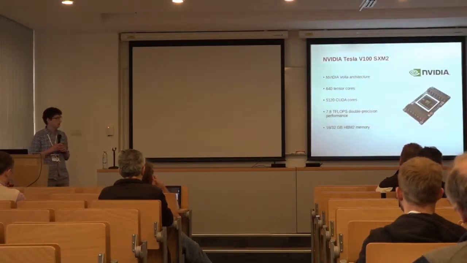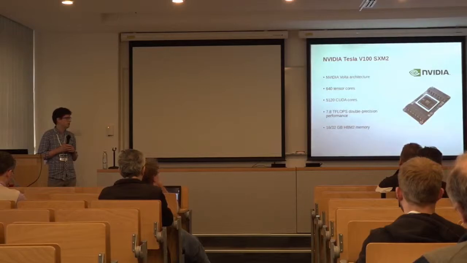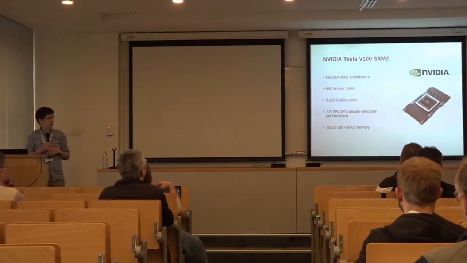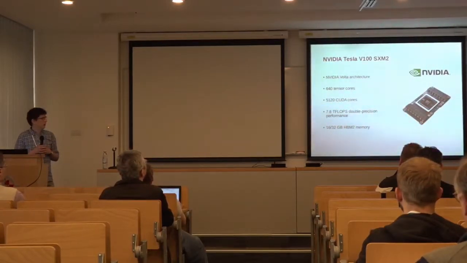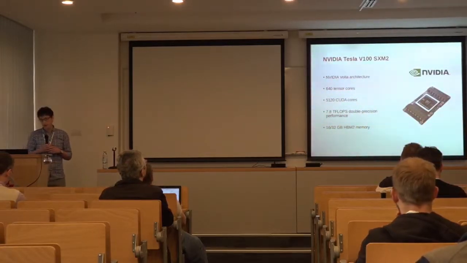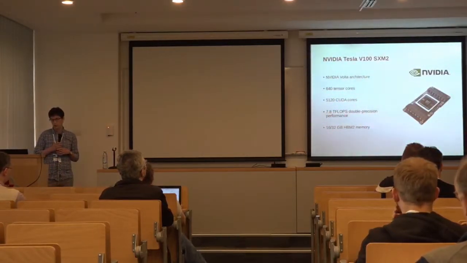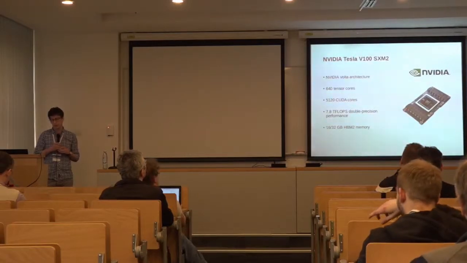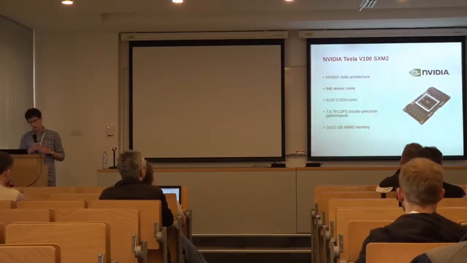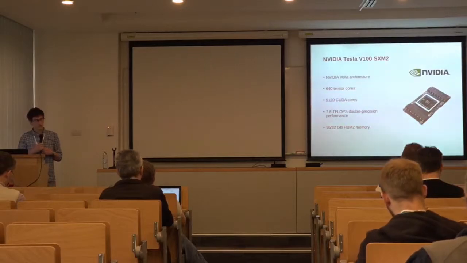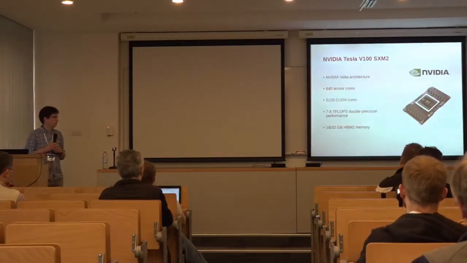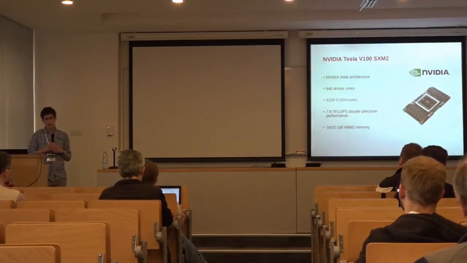The Tesla V100 is the best server GPU available today. It is based on NVIDIA's new Volta architecture. It has over 5,000 cores. NVIDIA calls them CUDA cores; I'll talk something about it later. But it's the first GPU from NVIDIA that has something called tensor cores.